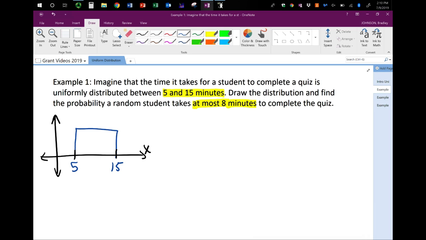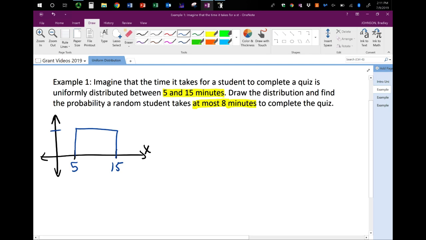So a student finishing the quiz at 8 minutes is equally likely to occur as a random student finishing at 11.2 minutes, right? Anywhere in between, okay? It could take 5 minutes and 32 seconds for one student, and that is the same chance of occurring as a student finishing at 14 minutes and 12 seconds.